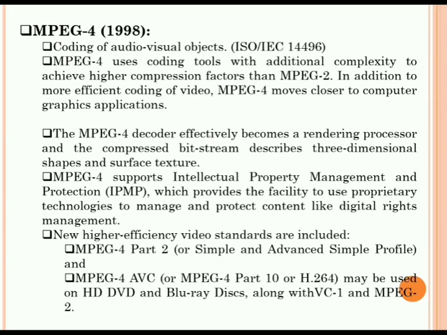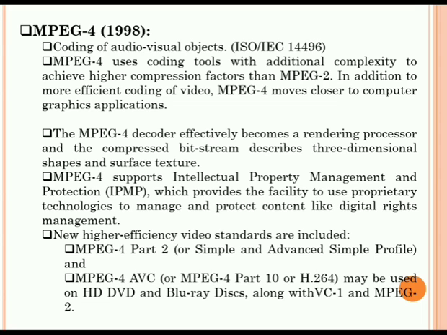Let us see the next type, that is MPEG-4, invented in 1998, the coding of audio-visual objects. MPEG-4 uses coding tools with additional complexity to achieve higher compression factors than MPEG-2. In addition to more efficient coding of video, MPEG-4 moves closer to computer graphics applications.